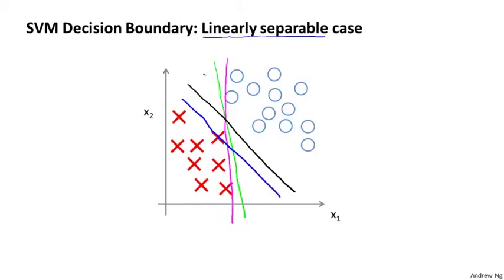If I draw these two extra blue lines, we see that the black decision boundary has some larger minimum distance from any of my training examples, whereas the magenta and the green lines come awfully close to the training examples, and that seems to do a less good job separating the positive and negative classes than my black line.